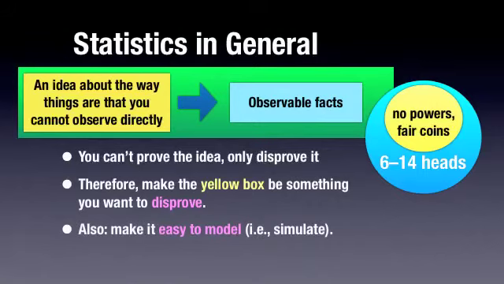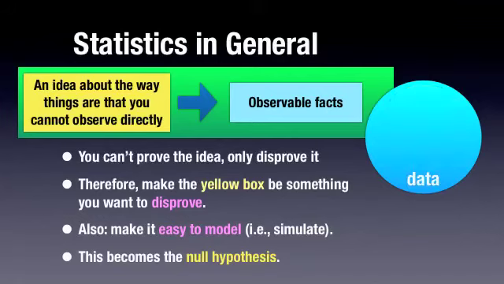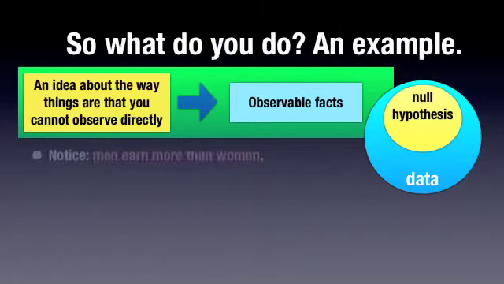Furthermore, we want to make it easy to model whatever we put in the yellow box, so easy to simulate in our case. And finally, that thing in the yellow box becomes the null hypothesis. So if we look at the Euler diagram again, we have data on the outside, the null hypothesis on the inside.